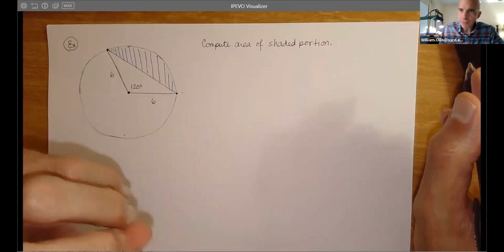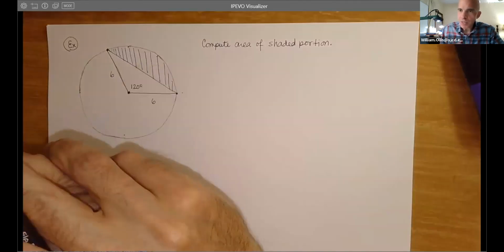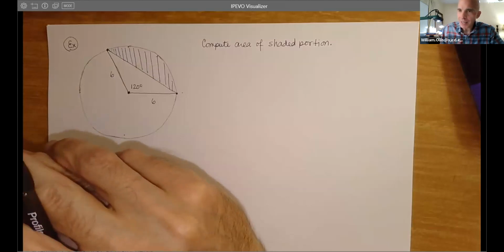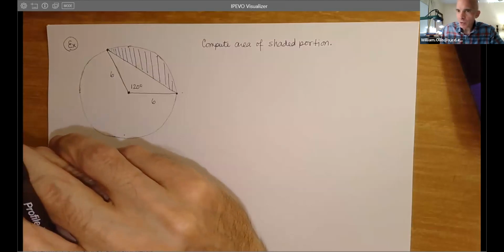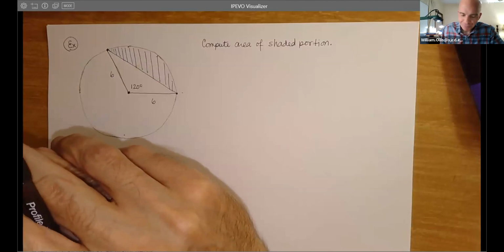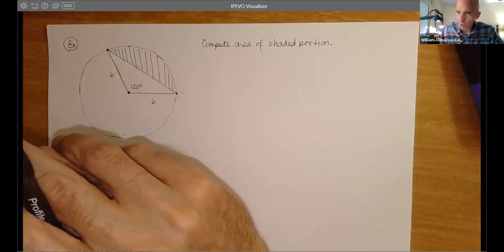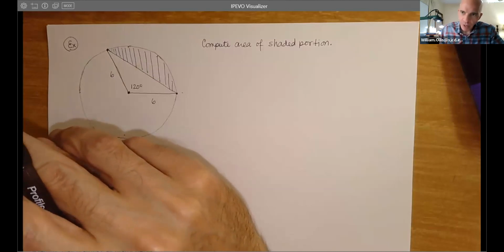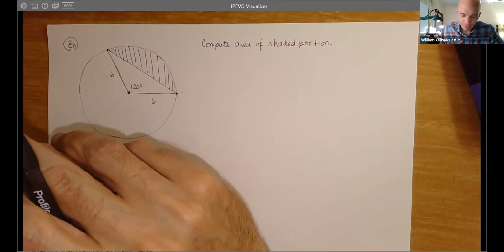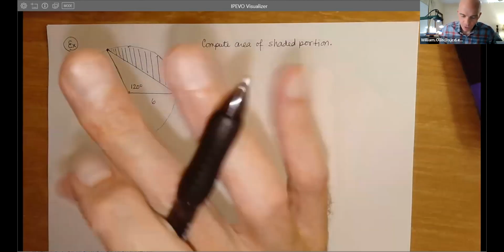So we'll have more opportunities to do this and triangulate things and figure out areas. I think we'll enjoy that. And there are some nice WebAssign problems that we will work with those types of ideas. And there, again, I look forward to those.